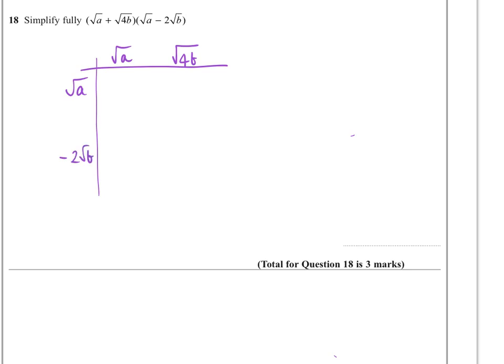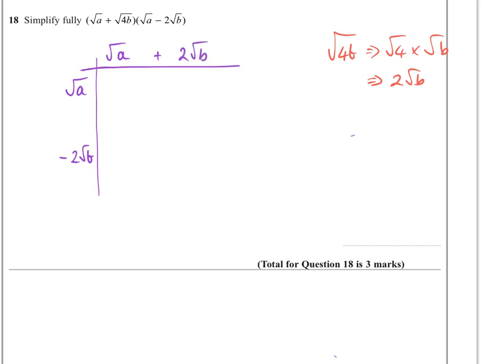One thing I've noticed though is that if I have root 4b, that's the same as root 4 times the square root of b, which is 2 root b. So I think I'm just going to change that part here and call it root A plus 2 root b.